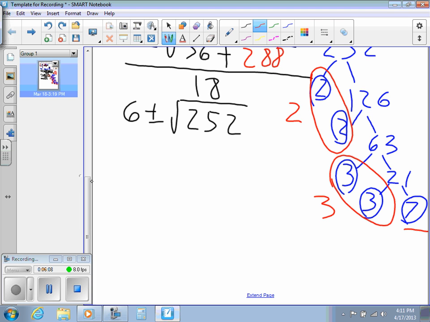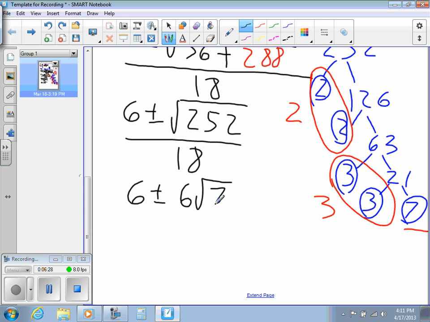So now coming back here, let me back up. Okay, so that was over 18. And now 6 plus or minus the square root of 252 then is 2 times 3, which is 6, times the square root of 7. And that again is over 18. Okay.